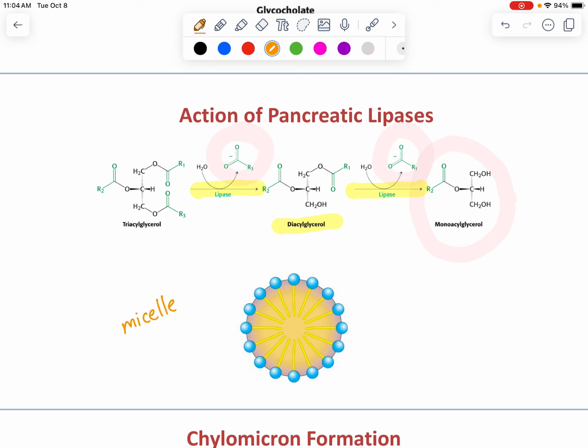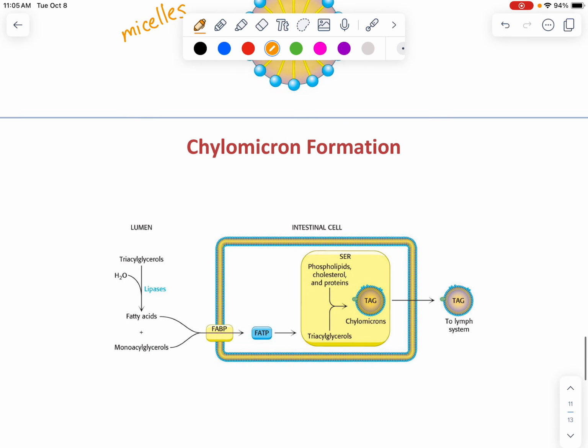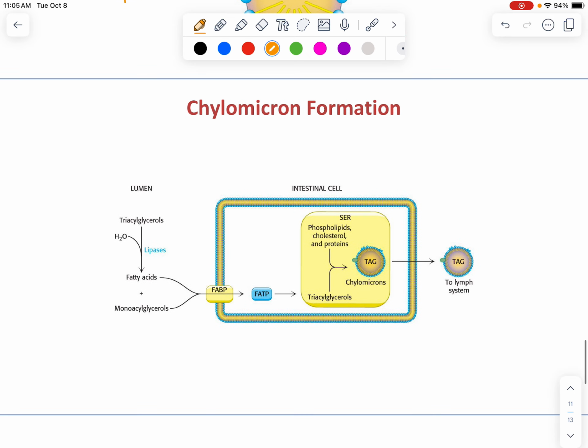So they spontaneously organize themselves to have the polar head groups outward and those nonpolar tails inward. Now, once that has happened, here's the piece we just looked at. We've broken those triacylglycerols up into fatty acids and the monoacylglycerols.